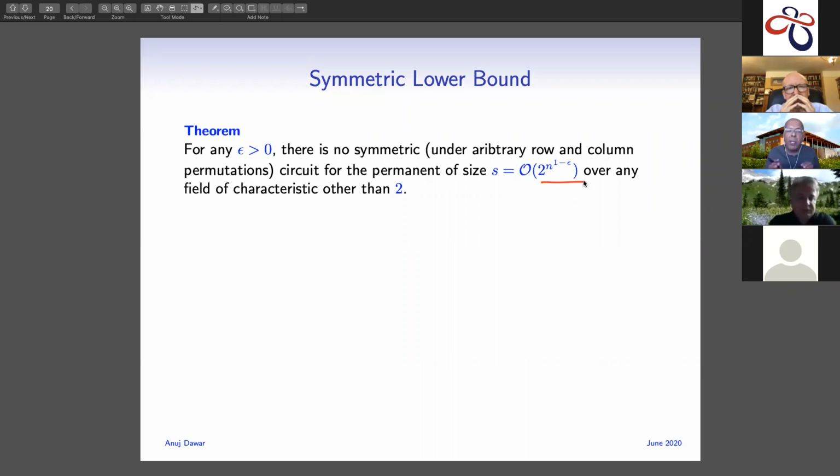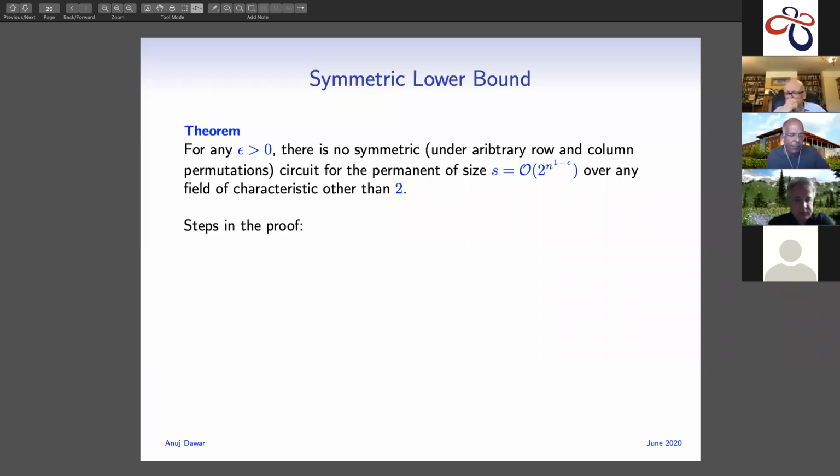Note, characteristic 2 is special because in characteristic 2, the permanent and the determinant are actually the same thing, right? Because 1 is equal to -1, so the sign becomes irrelevant. So really, we wouldn't expect to get lower bounds in characteristic 2, but we get this for all other fields.